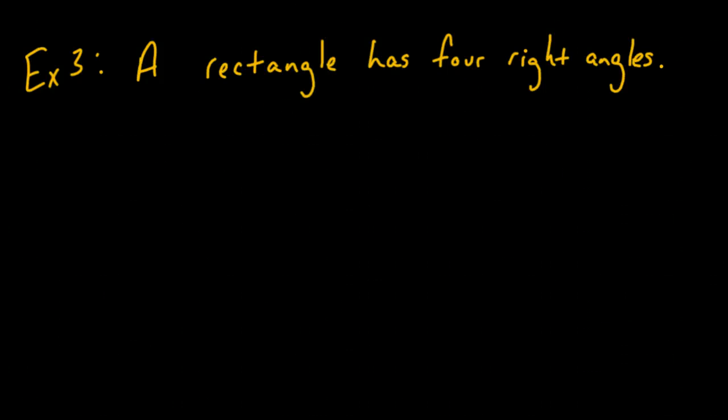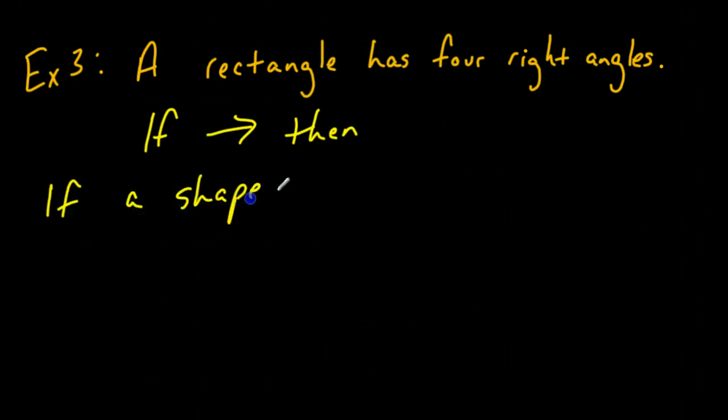Sometimes they're not actually written for us all nice and neat in a conditional form. We'll just be given a statement. A rectangle has 4 right angles. We know that's a true statement, but we have to write it as a conditional. So we need to transport this into if-then kind of logic. These might look a little different, but it should follow the same pattern.